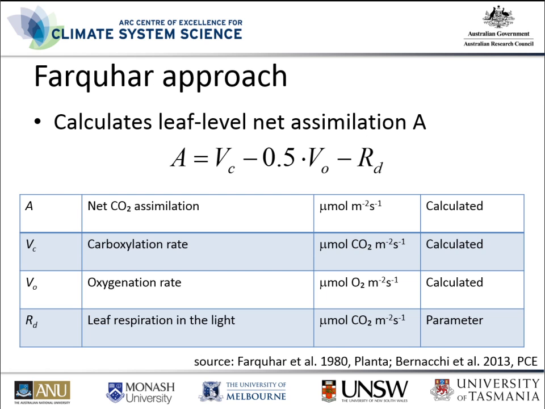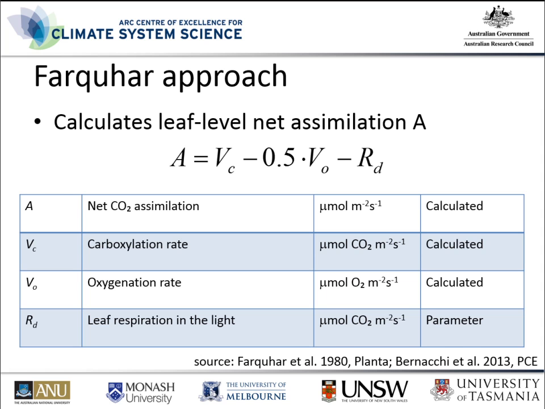Okay. So now I'm going to go through the common way to do photosynthesis, or at least this is the idea around it. There are a lot of differences between models, but this is Farquhar's approach, from Grant Farquhar from the ANU here, actually. And these are two papers that describe the model.